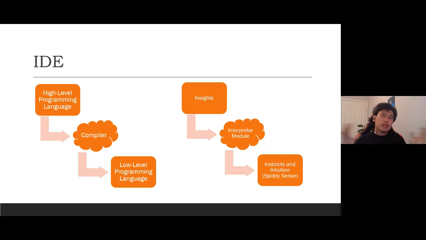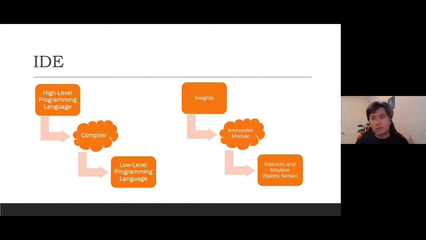So the way I see it in the IDE, the interface for us as software developers, there's that part where in our language there's a low-level programming language. That's when you have assembly language and all that, and you have the compiler that helps you translate from the high-level programming language to the low-level programming language.